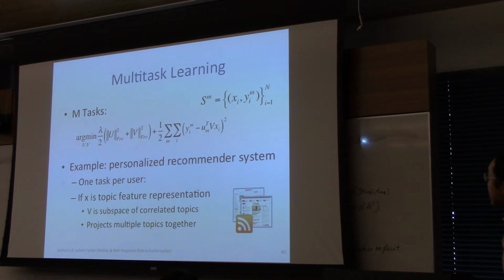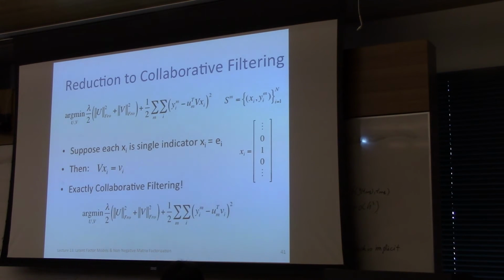Just to summarize, this is the multitask learning objective. This is one version, of course, there are different versions. You can reduce this to collaborative filtering if each x is just an indicator vector of the item ID. So this is like the feature-free case.